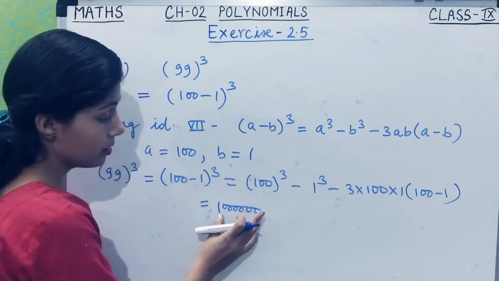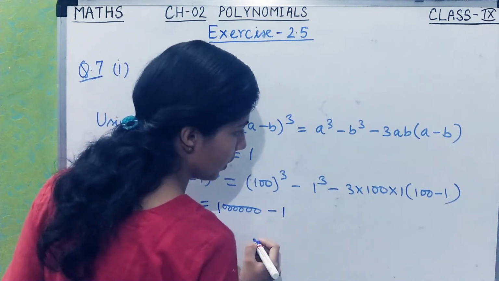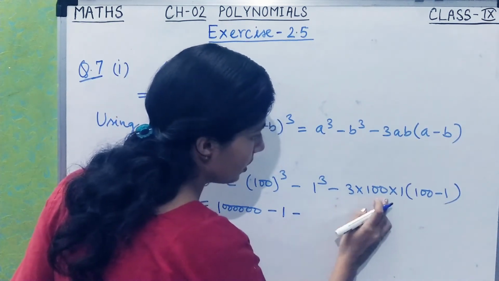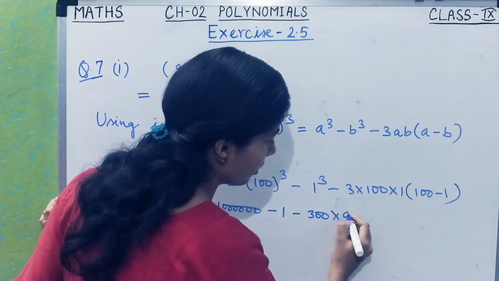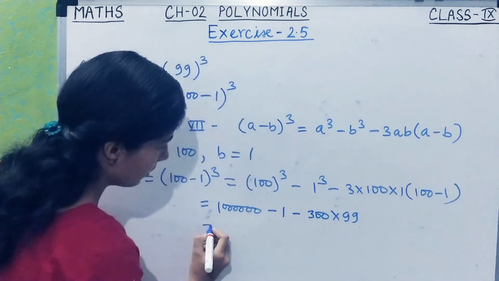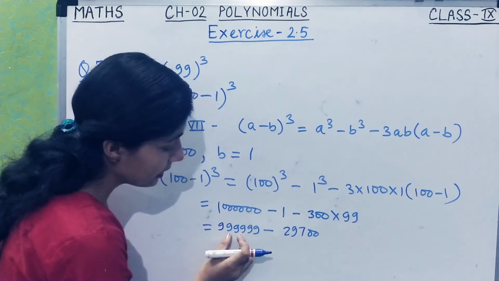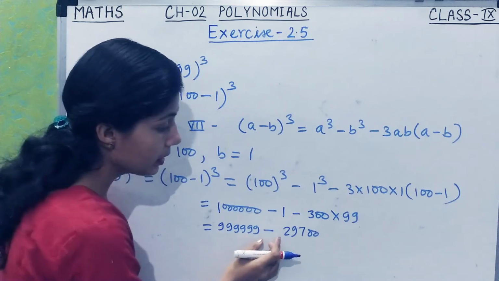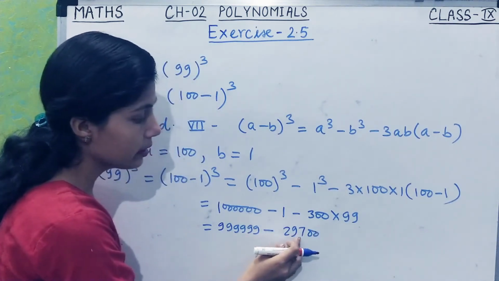So there will be 6 zeros after 1. And minus cube of 1 as minus. Minus 3 into 100, 300, and 100 minus 1 is what? 99. So 10 lakh minus 1 will be 9,99,999. Minus this product, that is 29,700.